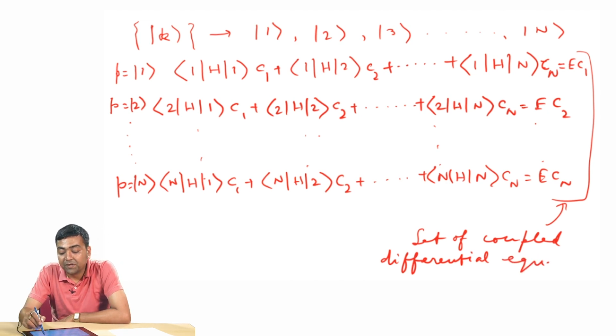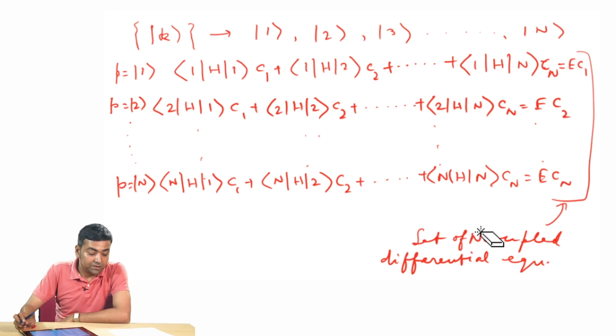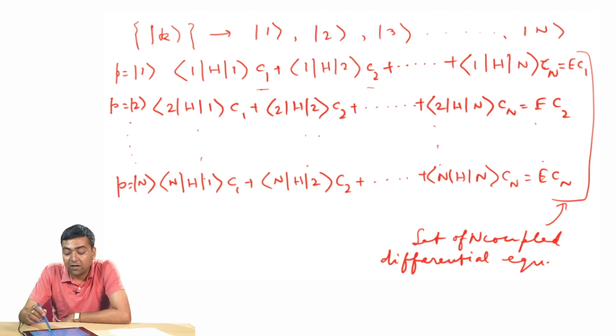Since the size of my basis set is n, I have a set of n coupled differential equations. Each of these equations, you see, is linear in the C's, which are our unknowns. So, I have n plus 1 unknowns, that is n values of C's starting from C1, C2 to Cn, and then my energy eigenvalue.